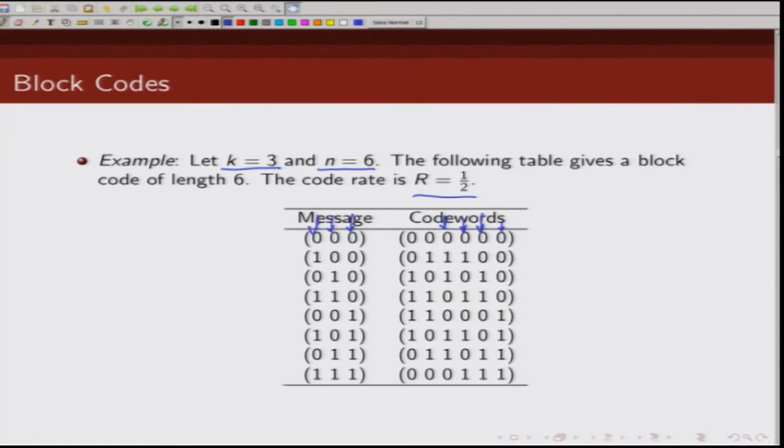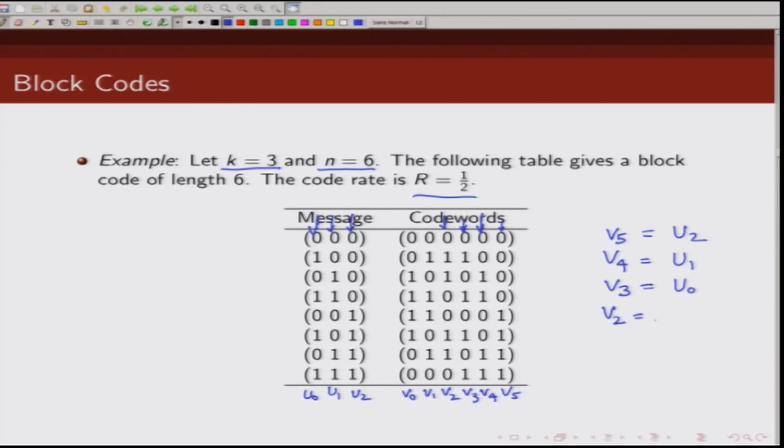So if we, let us say, denote this by U0, U1, U2, and we denote these by V0, V1, V2, V3, V4 and V5, what we have found out so far is V5 is same as U2, V4 is same as U1, V3 is same as U0, and what is V2?